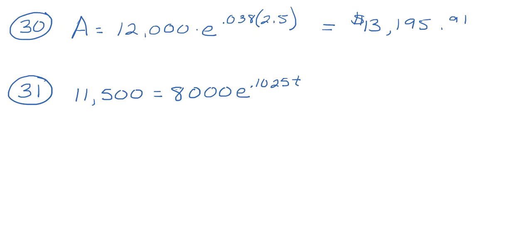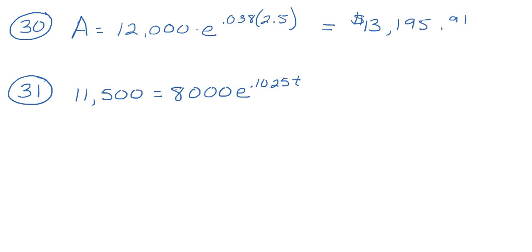All right, reading through problem 31, I hope it's very clear to you that the 8,000 is the starting amount, the ending amount is 11,500, and they want to know how long it had been invested, compounded continuously at the 10.25%.